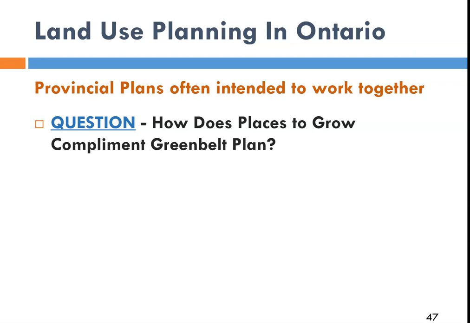So remember that it's looking at the same general area. So we're still looking at the Oak Ridges Moraine area and the Niagara Escarpment, and looking to direct development away from those significant features so that we protect some of that network and natural system, and being mindful of some of those natural resources that we are trying to conserve.